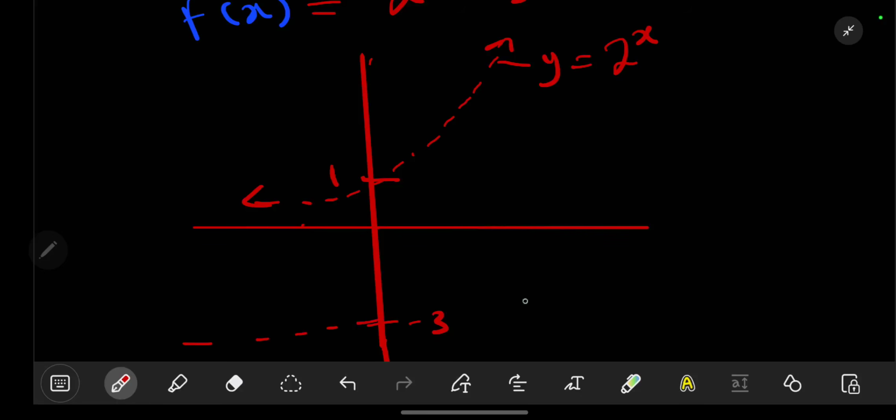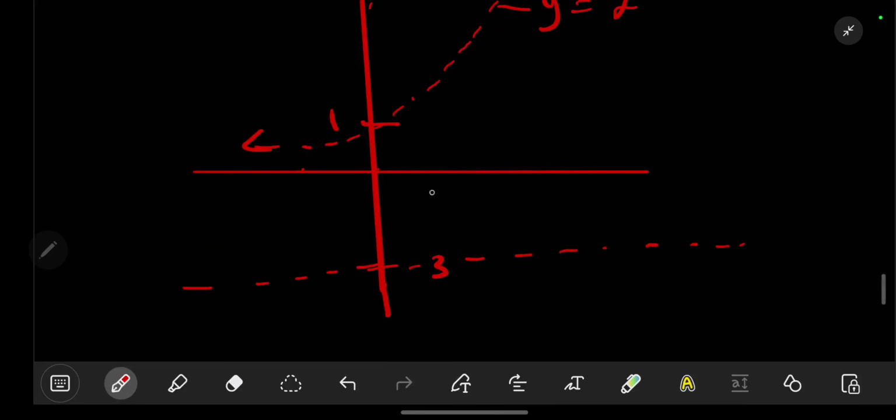So this line, it should not cross it because we have moved the line which it is not crossing. So if you have 1 minus 3, it is going to give you negative 2. It means to say this is moved to negative 2 like that.